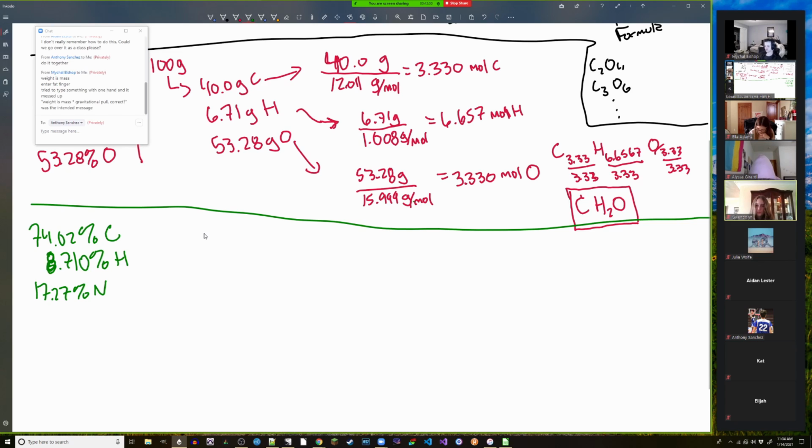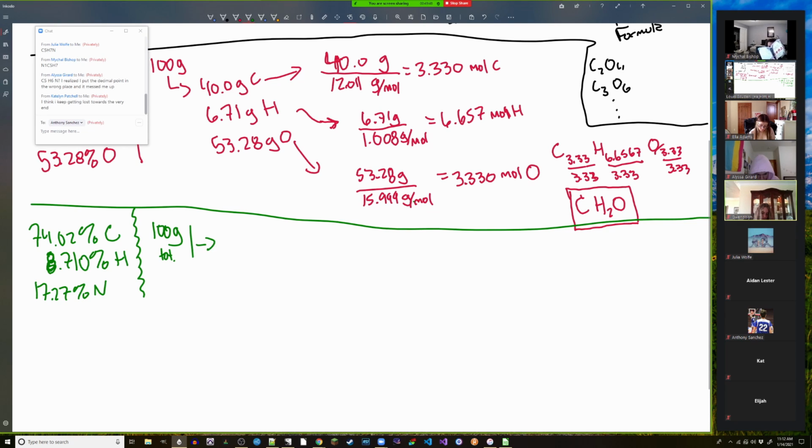So again, we're assuming there's 100 grams total of whatever this substance is, so that our amounts are 74.02 grams of carbon, 8.710 grams of hydrogen, and 17.27 grams of nitrogen.